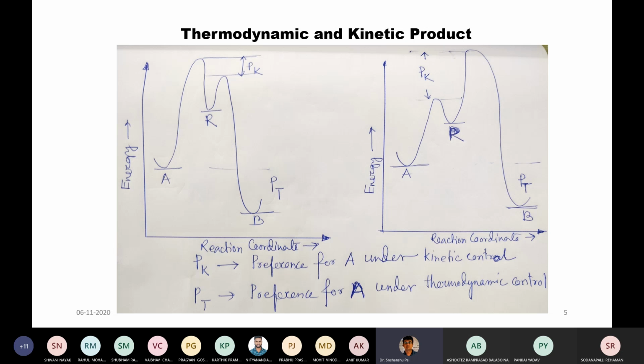In this way we can understand, and to summarize today's lecture: thermodynamics basically tells us that a reaction should go if the products are more stable, have a lower free energy than the reactants, and the reaction has a negative free energy change, that is, delta G must be less than 0.